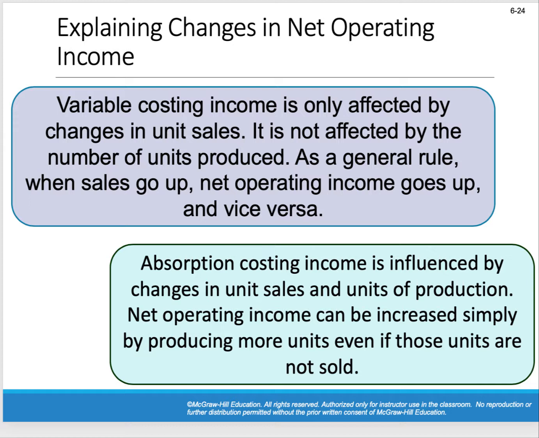On the flip side, when sales go down, net operating income also goes down. Absorption costing, remember, is influenced by changes in the units sold and the units produced. So net operating income under the absorption method can be increased by producing more units, even when those units remain unsold.